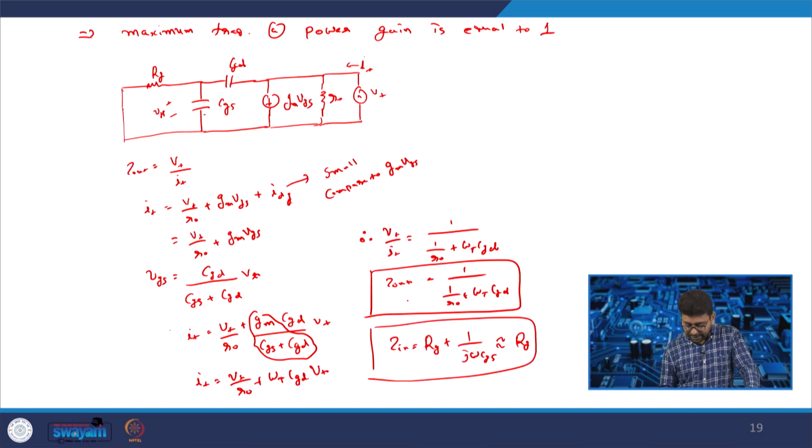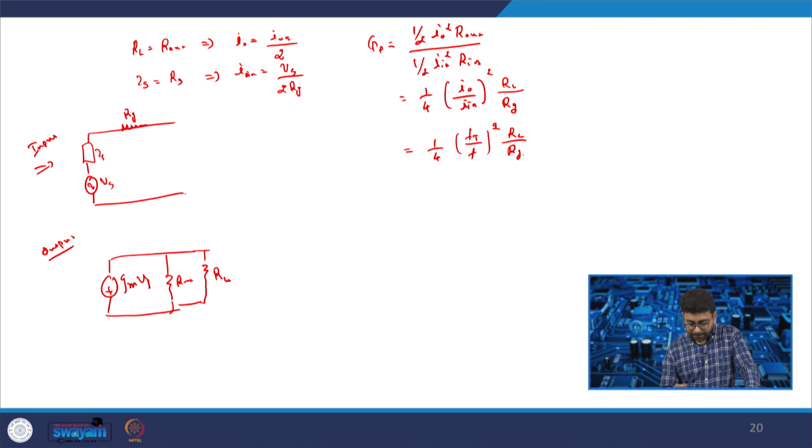So, your Z out is this and your Z in is RG. Now we put the Z out, so RL is equal to Z out, which is 1 by RO plus omega t into CGD. If I write it in terms of Ft, 1 by RO plus 2 pi Ft into CGD.